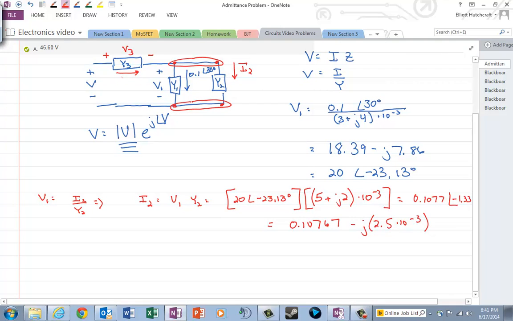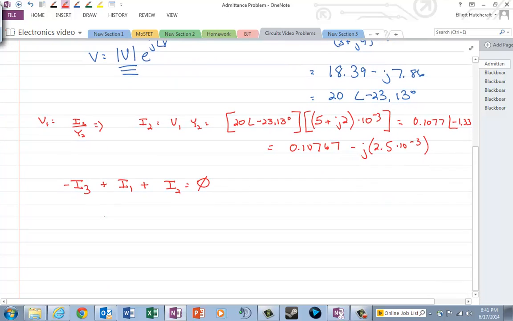If I call this I3, I can write an equation at that node that says minus I3 plus I1 plus I2 is equal to 0. So I3 is equal to I1 plus I2.